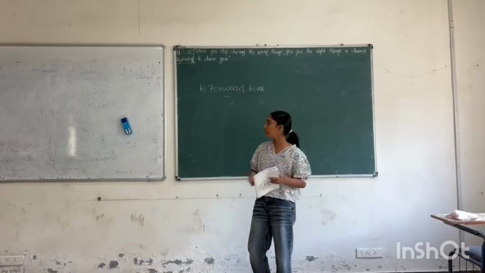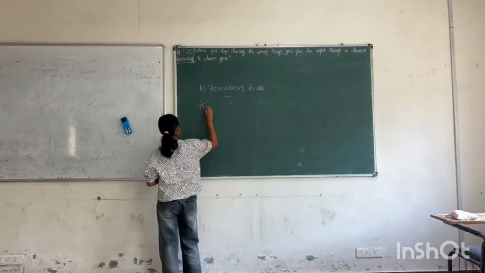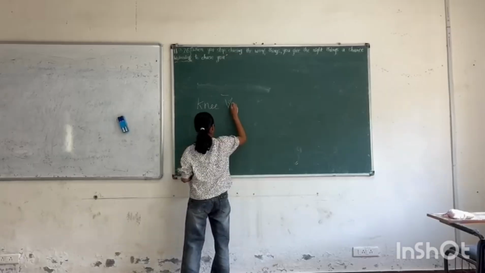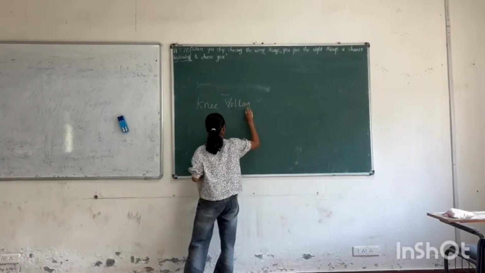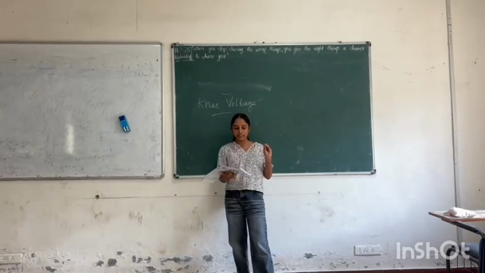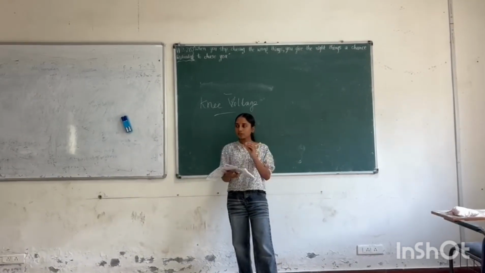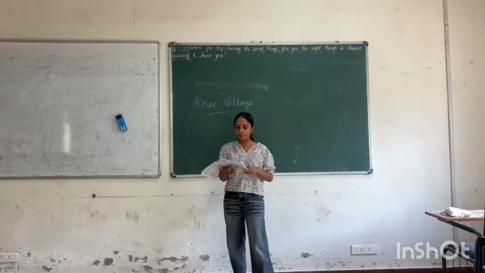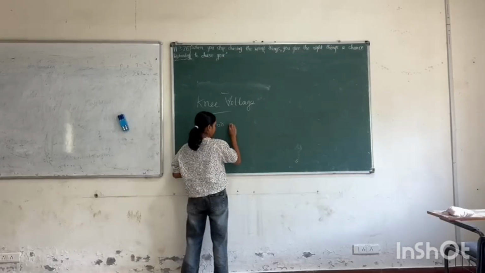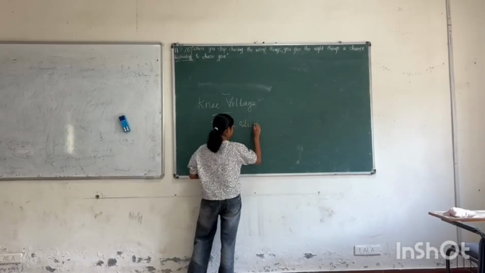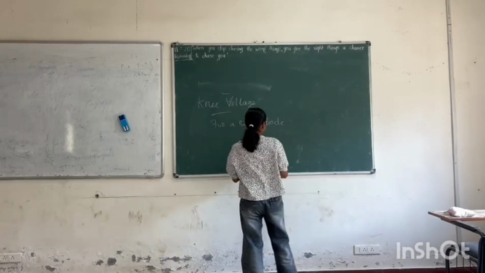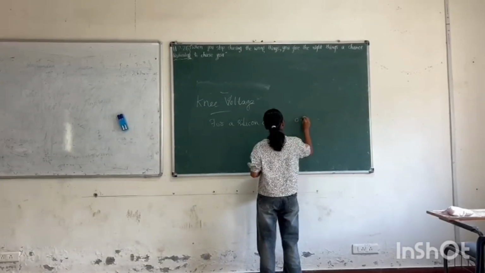Next, we need to know what is knee voltage. Knee voltage means it is the minimum forward voltage at which the current through the diode starts increasing rapidly. For a silicon diode, the knee voltage is 0.7 volt.